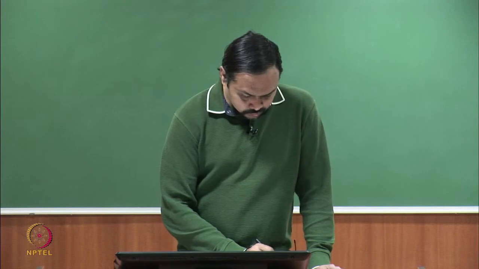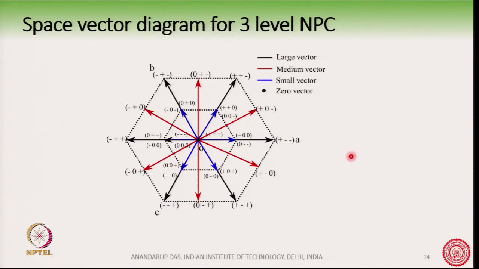Let me first show you how this space vector diagram looks. It is shown here. You can see there are many more vectors. How we derive this space vector diagram is what we will study today.